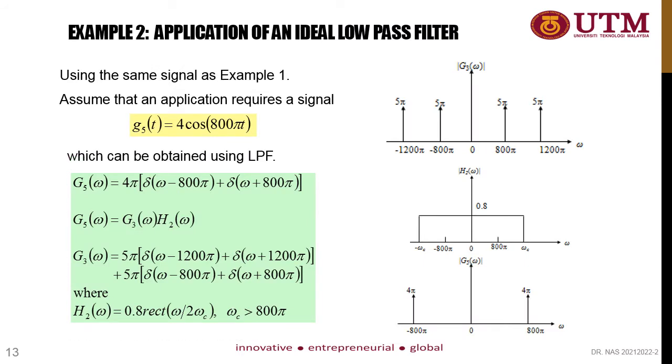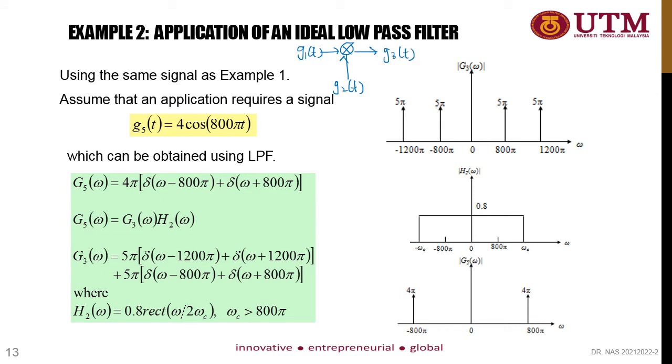Okay, let's look at an example for a low pass filter application. Let's use the same example as the earlier one in the high pass filter. Again, you have the input g1(t) multiplied with g2(t), and you have the output g3(t).